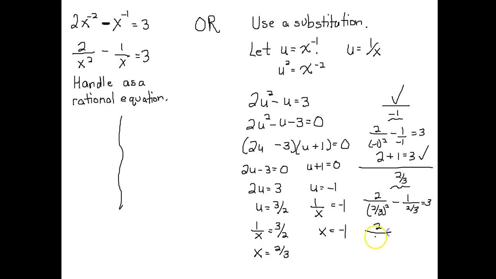So 2 over 4/9 minus 3/2 equals 3. 18 over 4, same thing as 9/2, minus 3/2, that's 6/2, which is 3. Checks out. Woohoo! So the solution set includes -1 and 2/3.